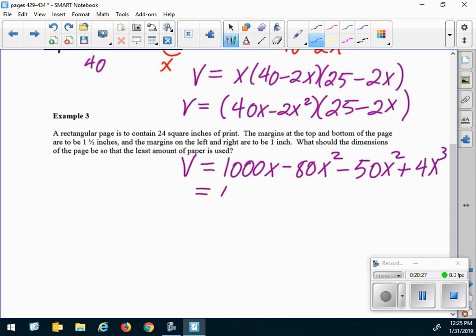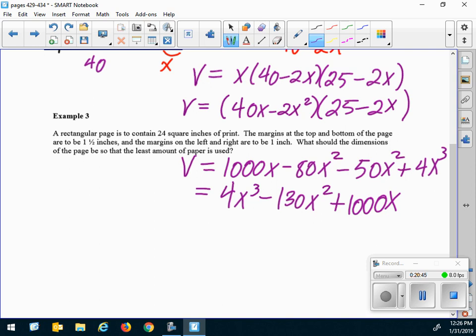I've got 4x cubed. Tell me if I screw it up. Minus 130x squared plus 1,000x. Is that all right?